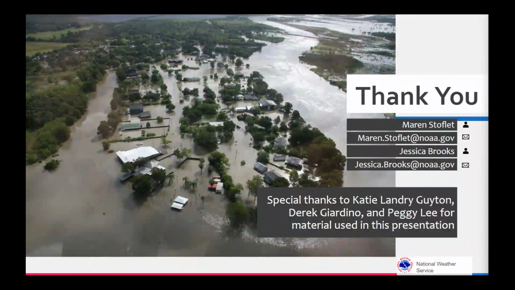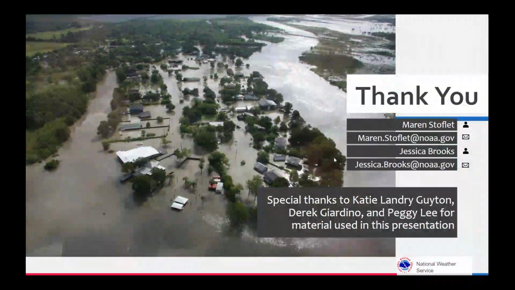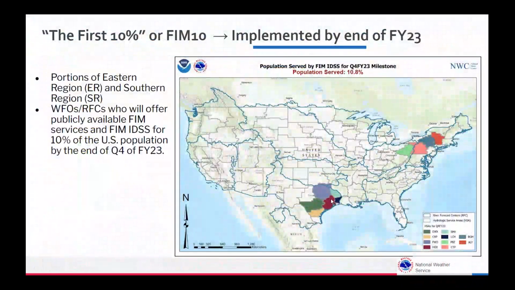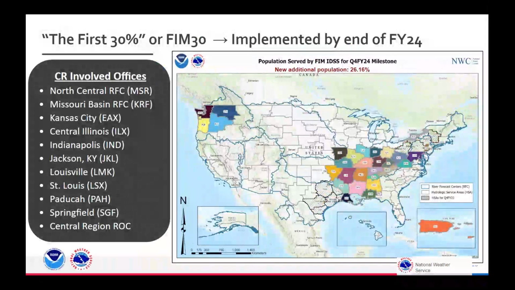Going from the 10% to the 30%, I can go back to that slide here quick. You see it kind of expanded, reached across and merged the 2 areas that are in the 10%, just connecting them.